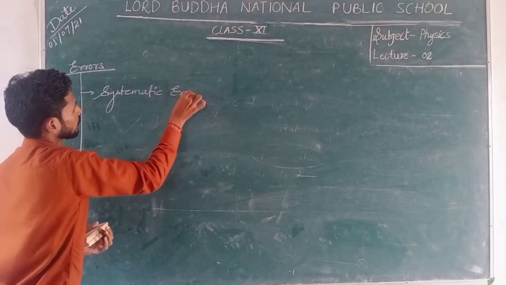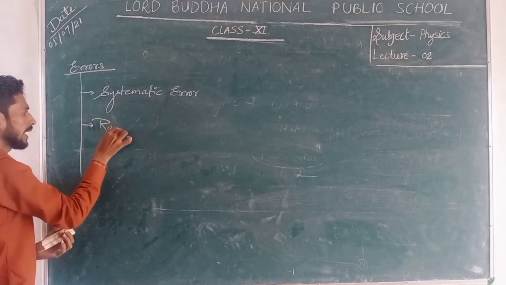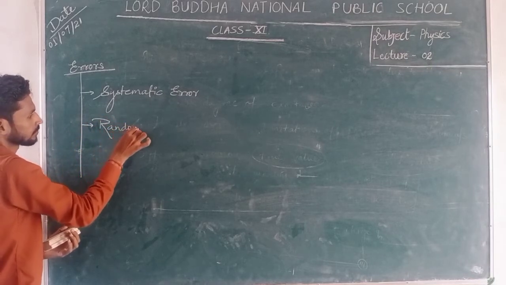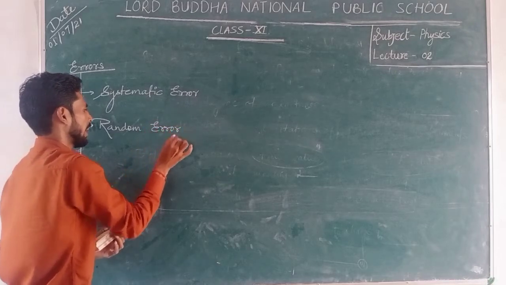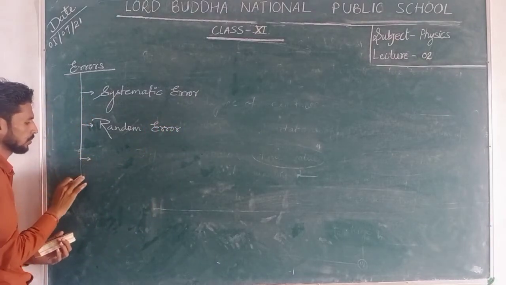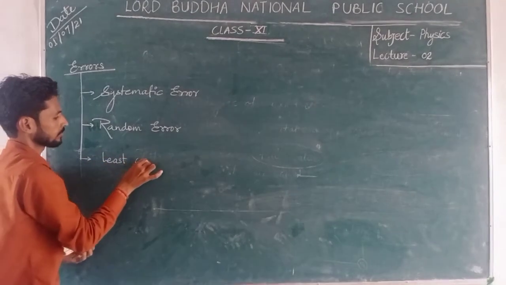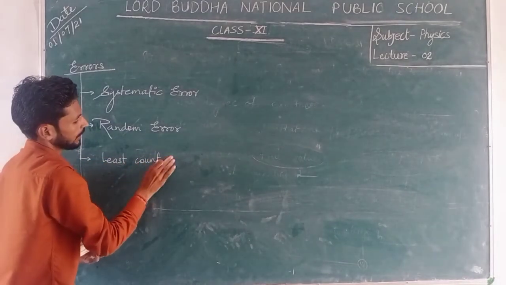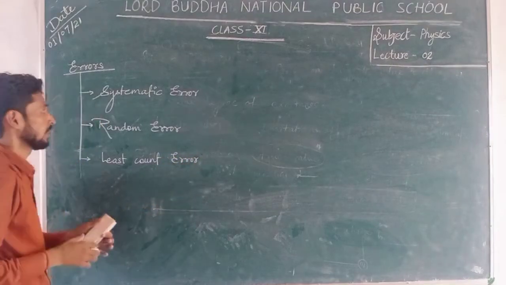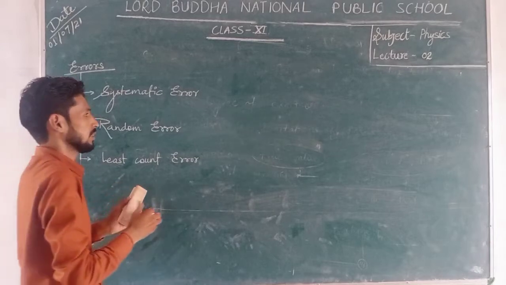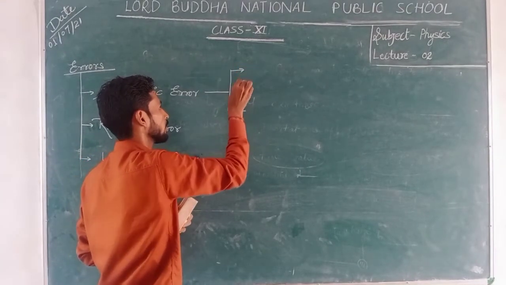Second is random error. And third and last, least count error. And systematic error is further divided into three categories.